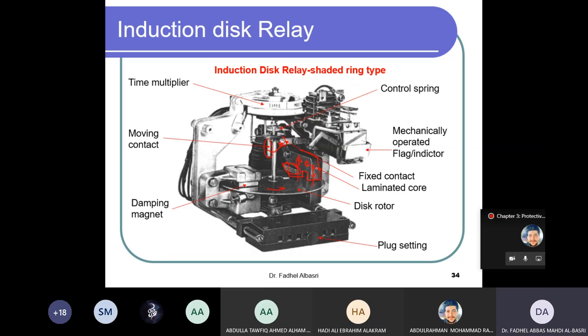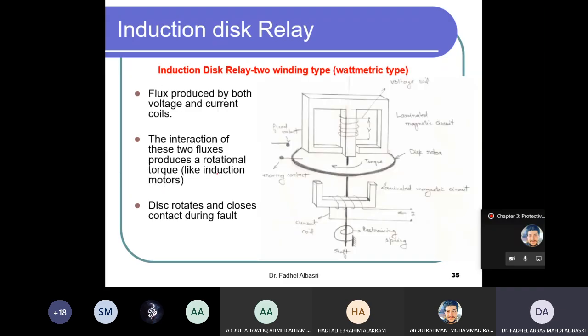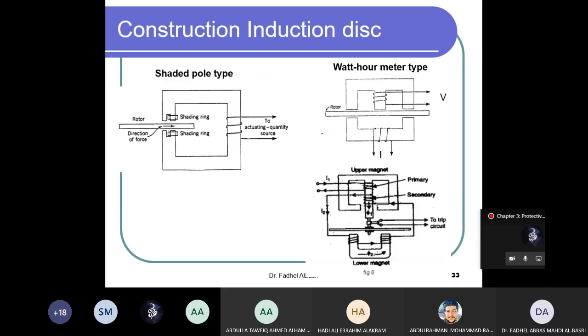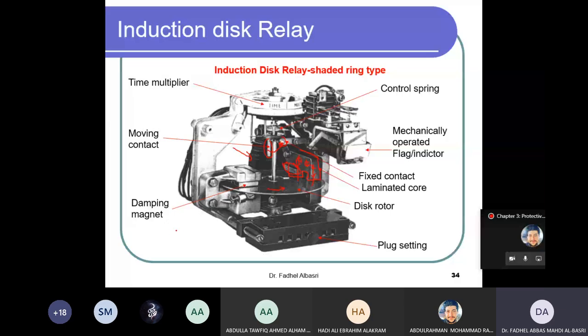Now, what's the working principle? I will show you how torque is developed on the disk that will drive it to move, based on phi 1 and phi 2. Phi 1 and phi 2 are generated by a coil here. So in principle, something like this is the core.